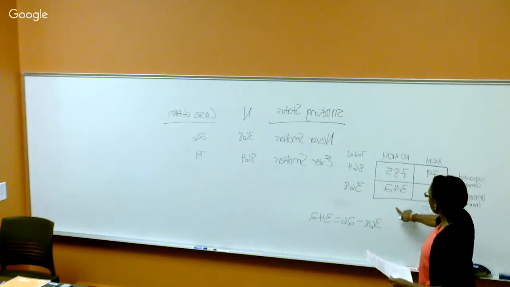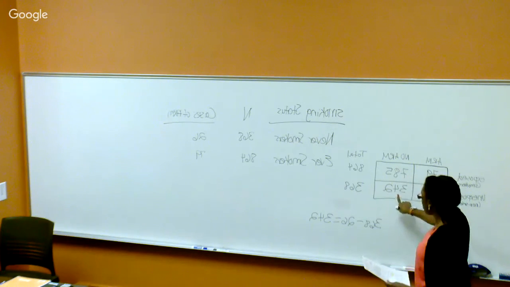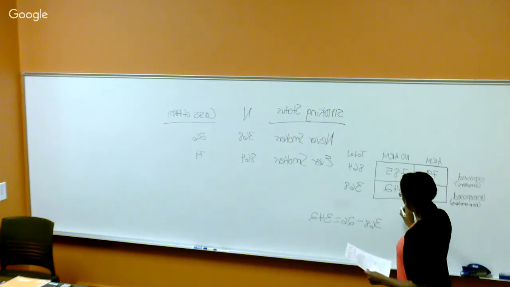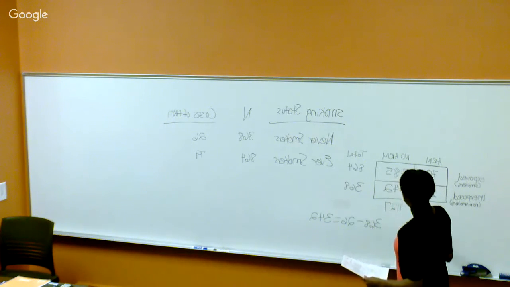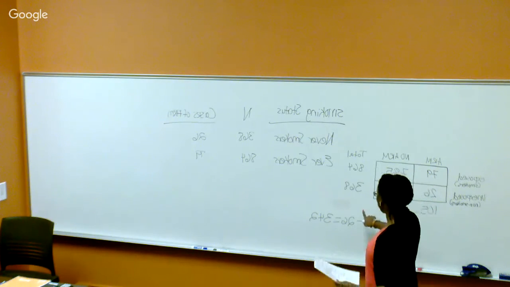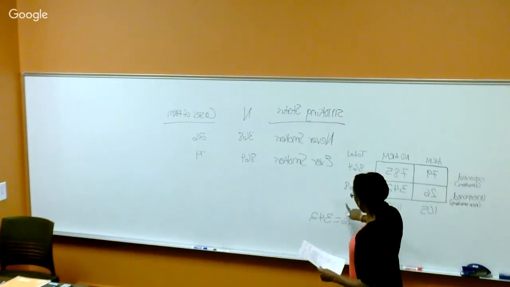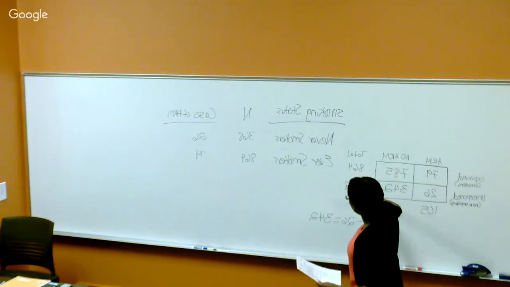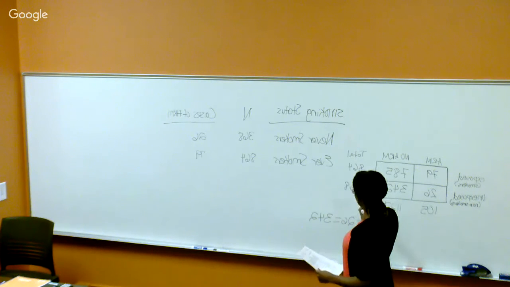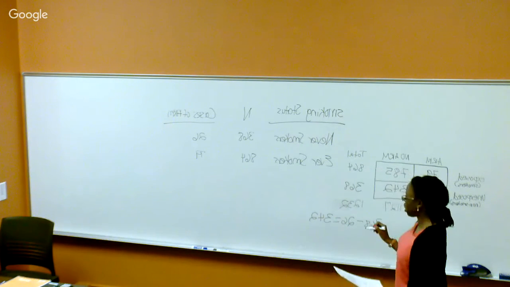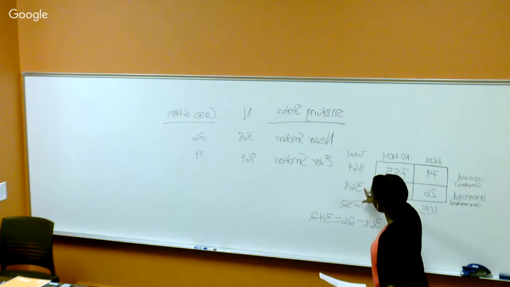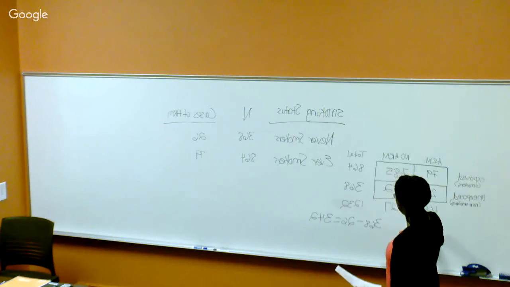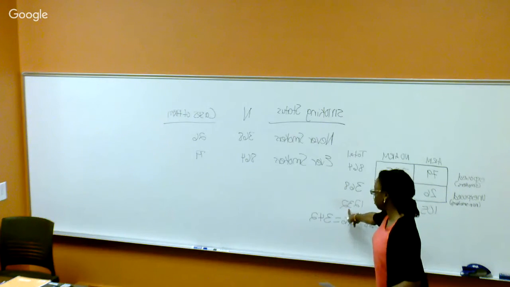And then here you're going to have 785 plus 342. So that's 1127. And then these two together should give you your overall total, as well as these two together. So that becomes 1232. So that's a good way to check to make sure all your numbers are right, because this and this together should equal that, and then this and this together should equal the 1232.